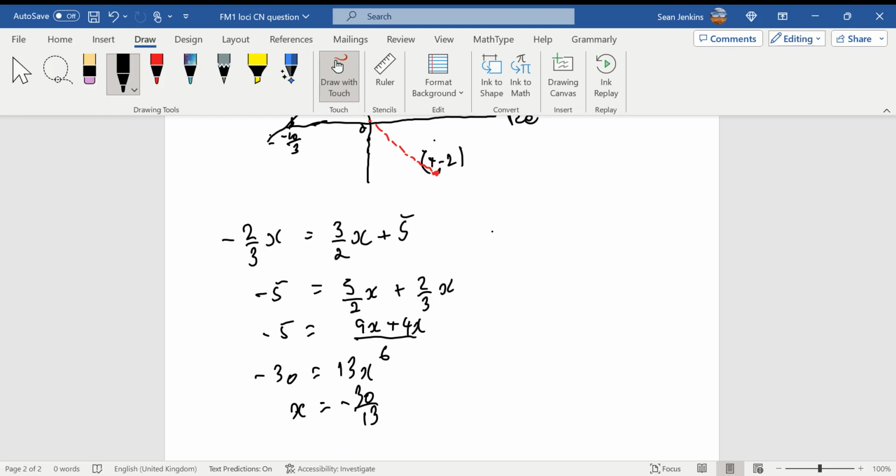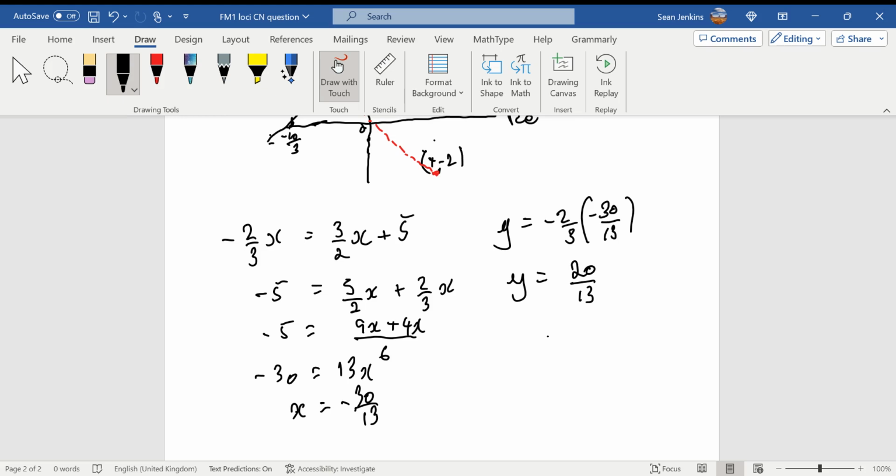And if x is minus 30 over 13, y must be equal to, going back to our equation of the line, minus 2/3 x, and x, of course, we know now as minus 30 over 13. So y must be equal to 20 over 13.